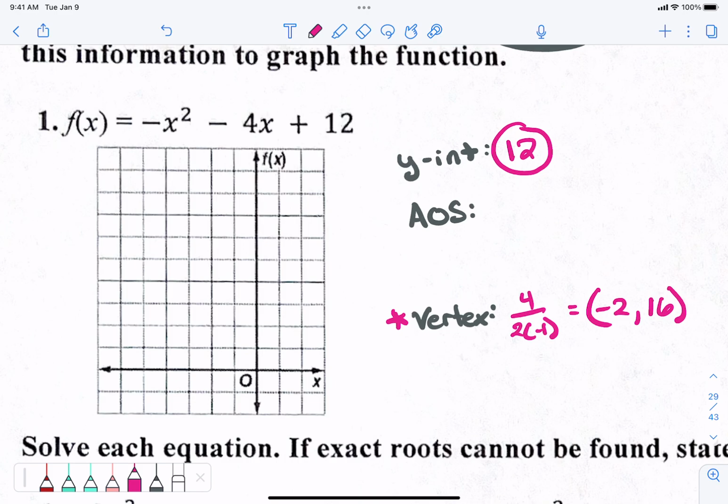Let's go by 2's. On the graph, I'm going to move my 12, and let's go by 2's. So 2, 4, 6, 8, 10, 12. Here's my dot. And then 14, 16 would be up 2 more, but at negative 2. There he is, right there. Okay, so there's my vertex. Is this an upside down parabola? Yes, because it's minus, right? Then my axis of symmetry is this line right here.